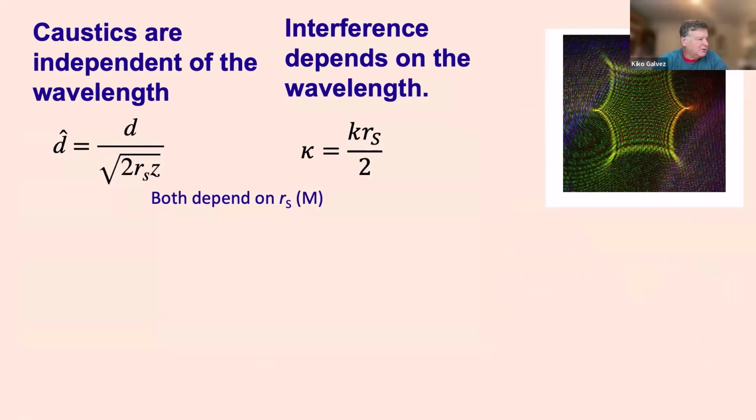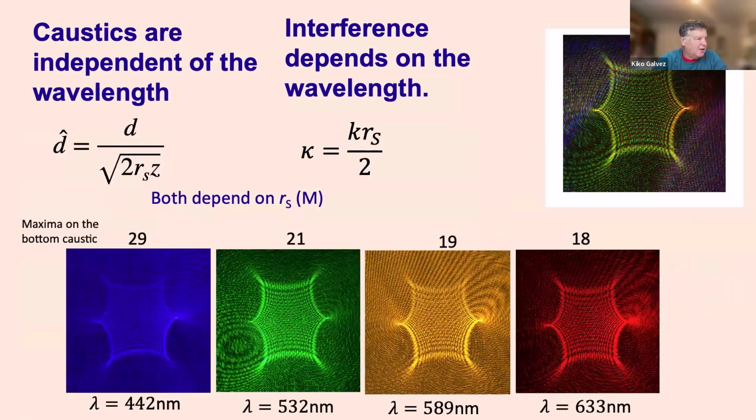Other things that we did, as much as we could, was to change the wavelength of the light, and you could see that the caustic remains stable, but the diffraction pattern within it changes as expected.